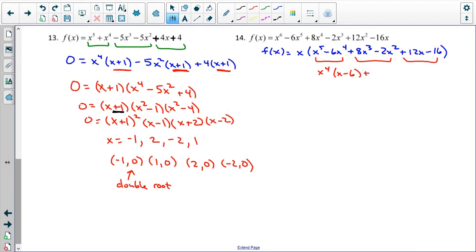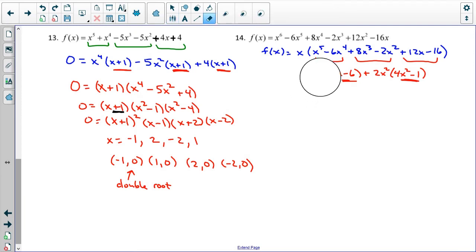It's not going to work. If I'm factoring out the greatest common factor of this, I have 2x squared, and then I'm left with 4x squared minus 1. Notice that these aren't the same, so I don't even need to continue trying this. It's not going to work. So that is not going to be a way that I can factor this one by grouping.